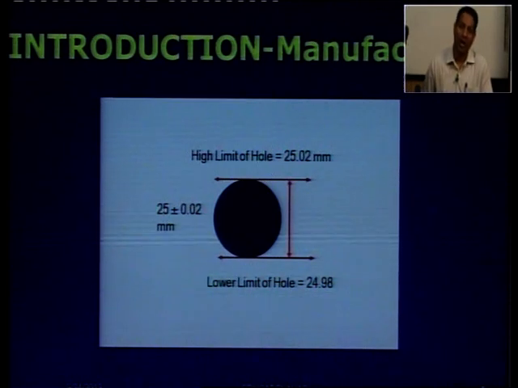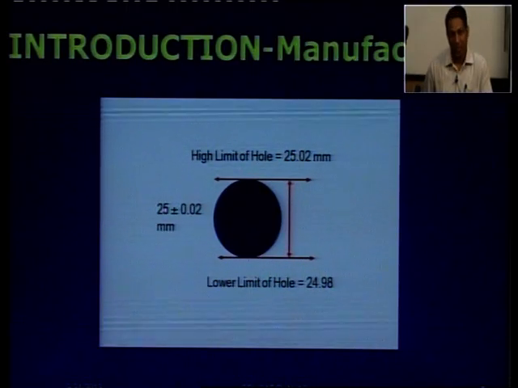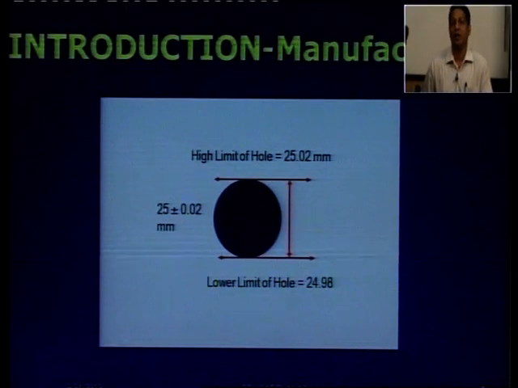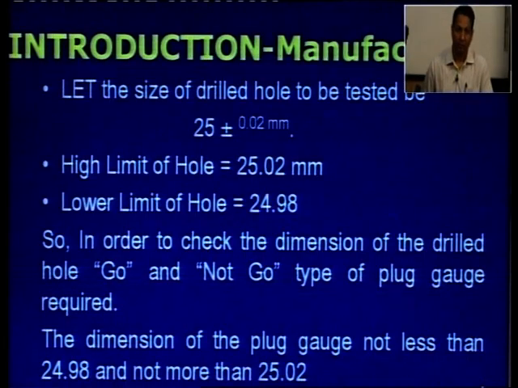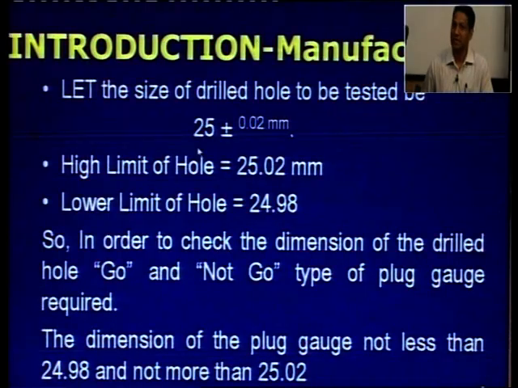These tools are called metrology tools or measuring tools, and particularly for measuring the diameter of this hole, that kind of tools are called gauges or limit gauges. Let the size of the drilled hole to be tested be 25 plus minus 0.02. This is the high limit of the hole, and this is the lower limit of the hole.